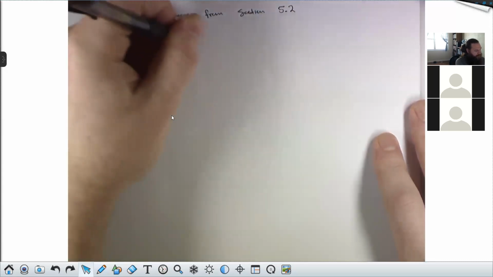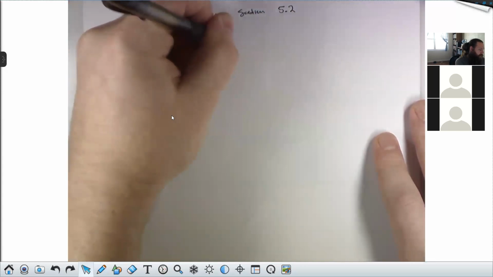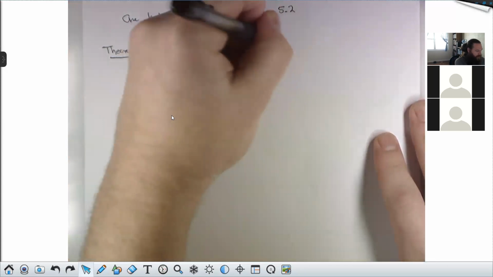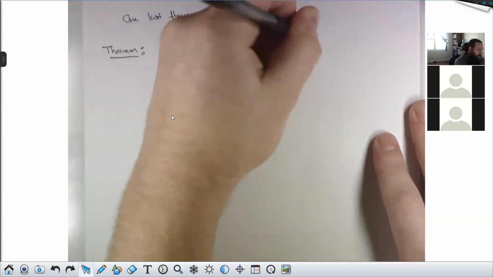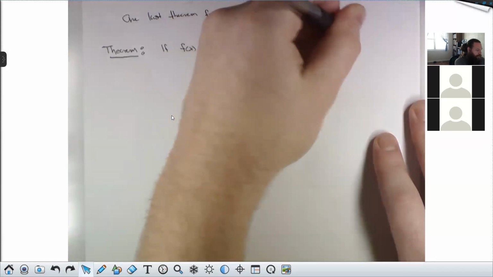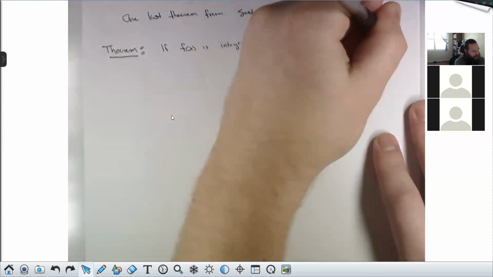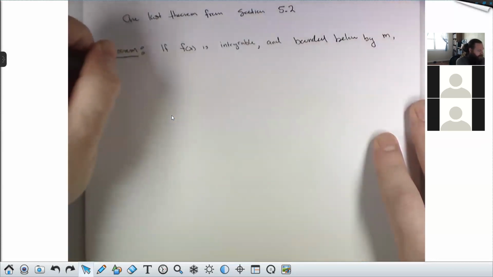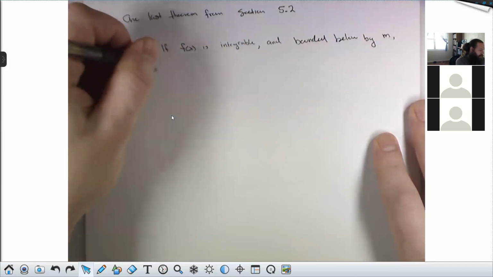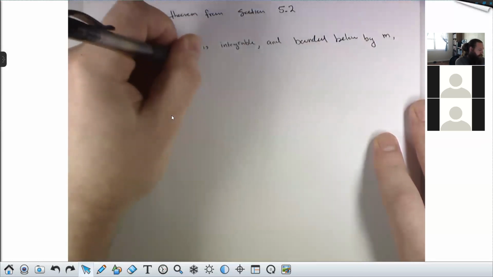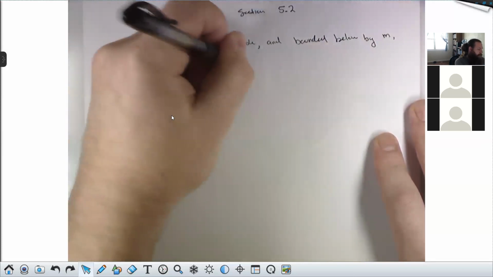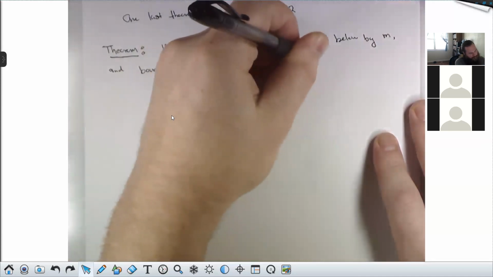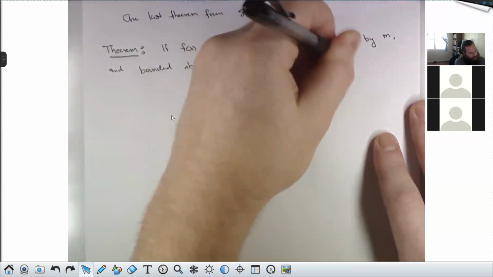If f of x is integrable, meaning it can be integrated, and bounded below by little m, I shouldn't do this, it's bad grammar, and bounded above by big M on the closed interval from a to b.